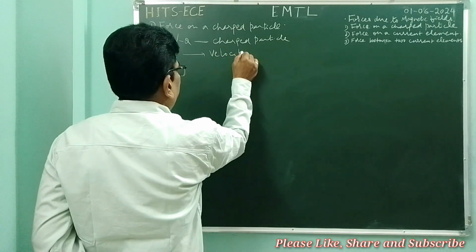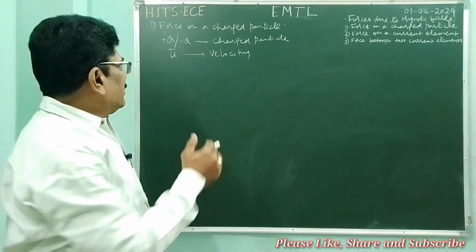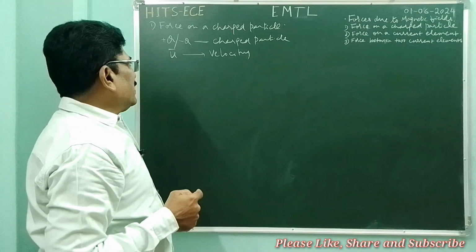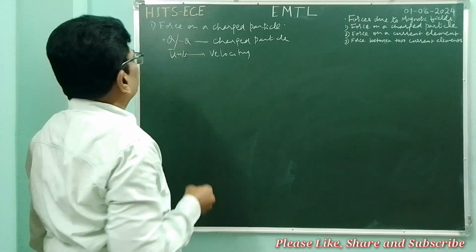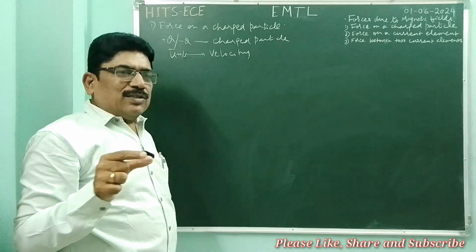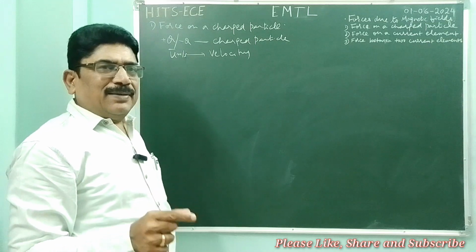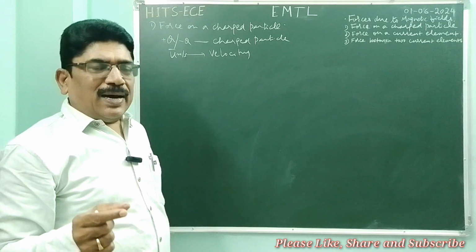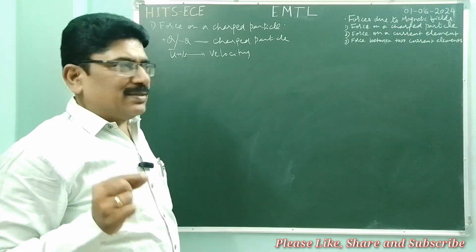It can be stationary or it can be moving. If it moves, its velocity is u meters per second. Let us consider the movement of the charged particle in the electric field separately, magnetic field separately, and the influence of both the fields on this charge. We will see all these things.